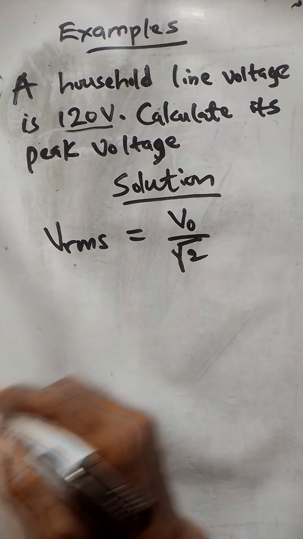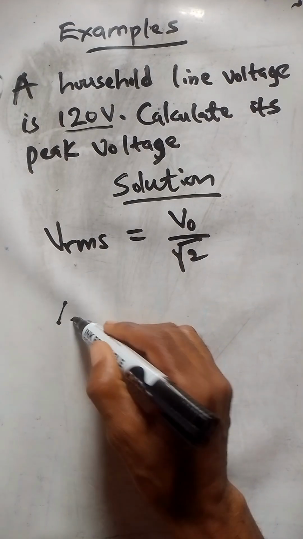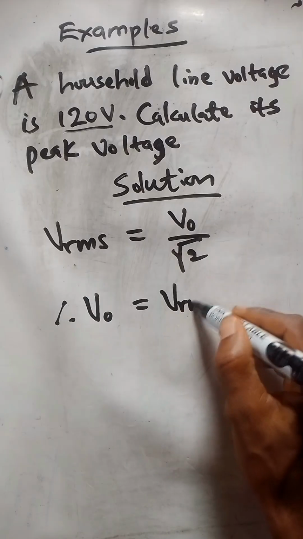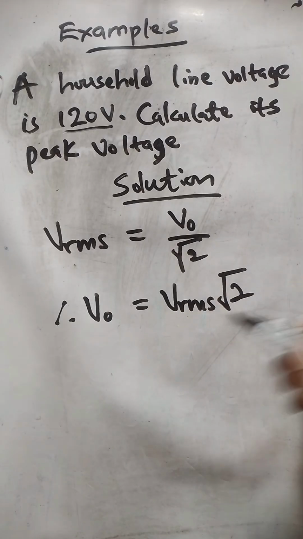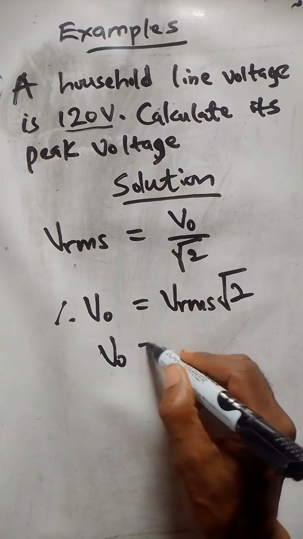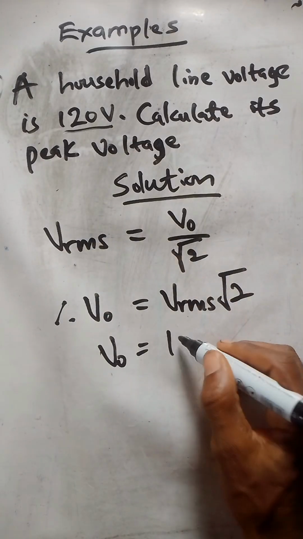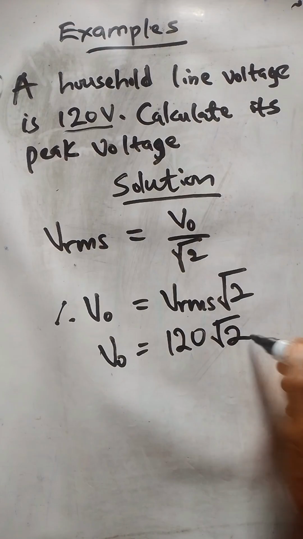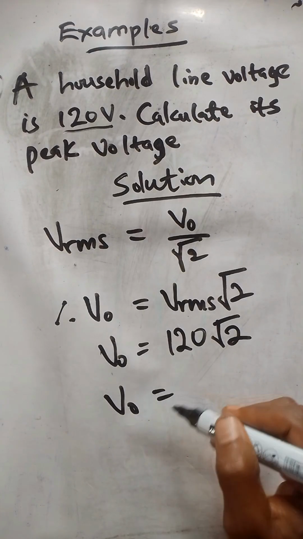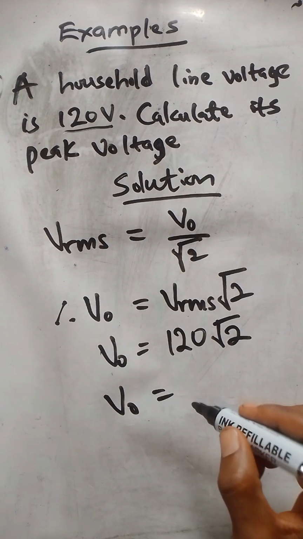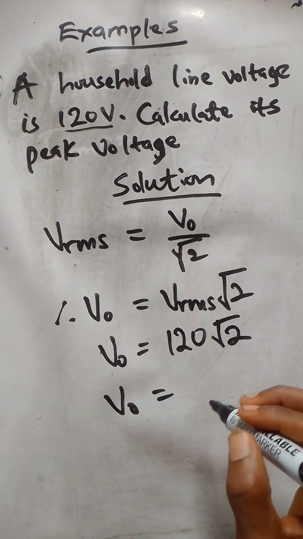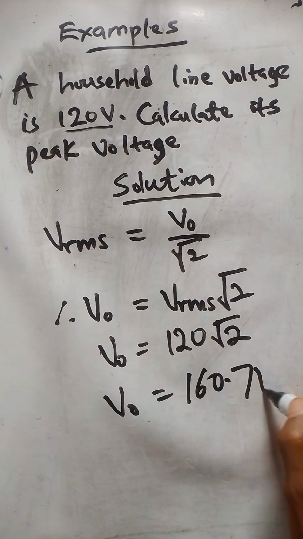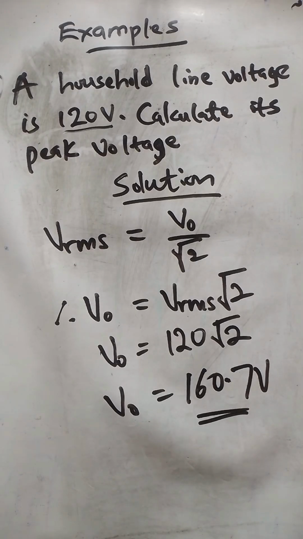Now we are looking for our peak voltage, so our peak voltage will be our V RMS multiplied by the square root of 2. So that will give us 160.7 volts. So that's our peak voltage.